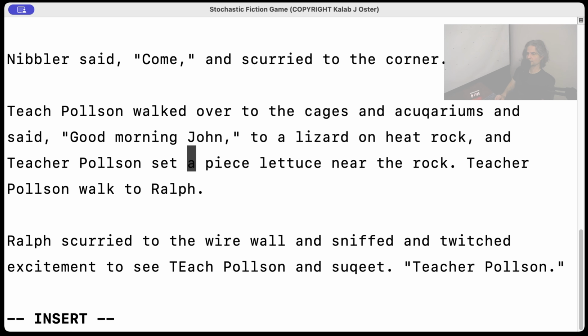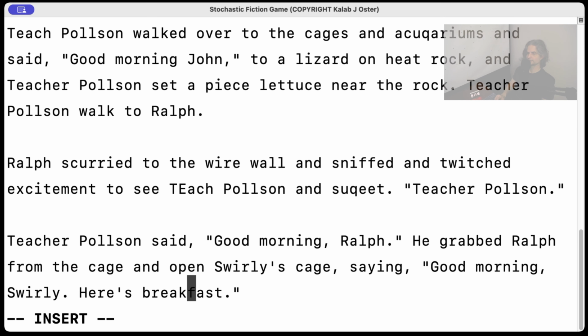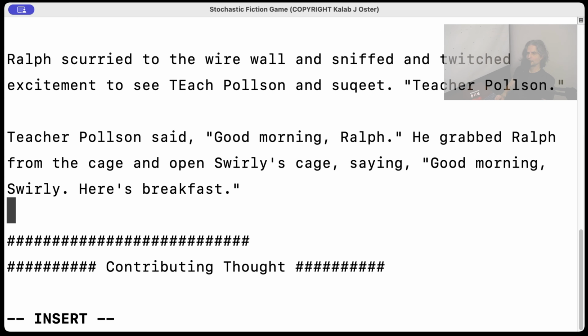Teacher Polson walked over to the cages and aquariums and said, "Good morning, John," to a lizard on a heat rock, and set a piece of lettuce near the rock. Teacher Polson walked to Ralph. Ralph scurried to the wire wall and sniffed and twitched with excitement to see Teacher Polson and squeaked, "Teacher Polson." Teacher Polson said, "Good morning, Ralph," and he grabbed Ralph from the cage and opened the Swirly cage, saying, "Good morning, Swirly. Here's breakfast."